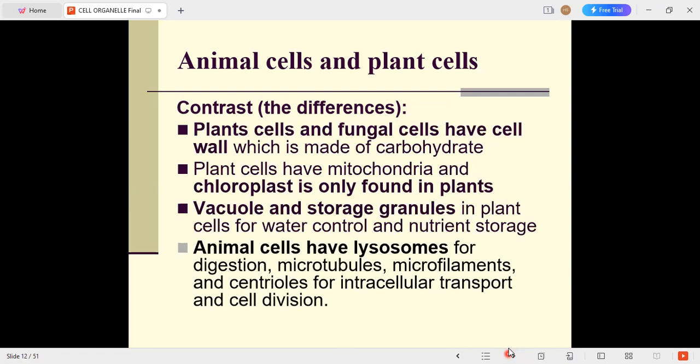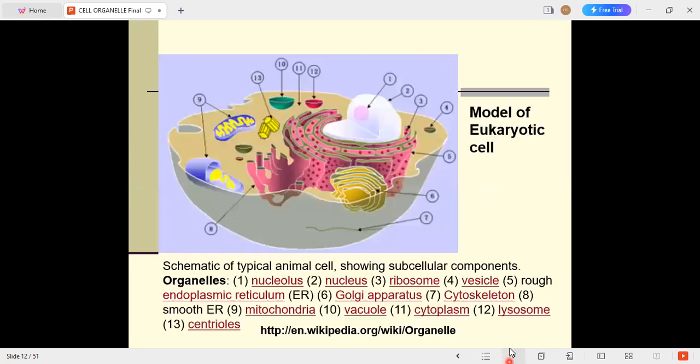On the other hand, animal cells have lysosomes for digestion, and microtubules, microfilaments, and centrioles for intracellular transport and cellular division. So here you can see the structure of the vacuole that contains a variety of digestive enzymes.